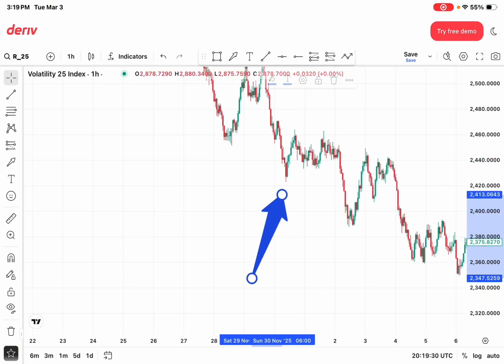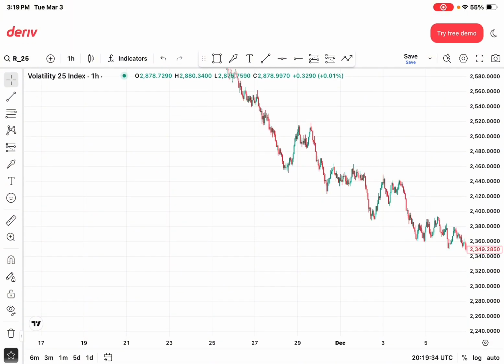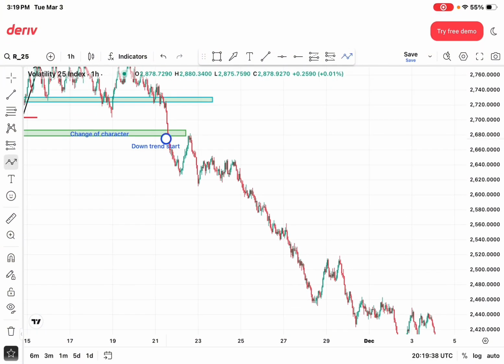Want to see it? Let me zoom out. See? Lower high, lower low, lower high.